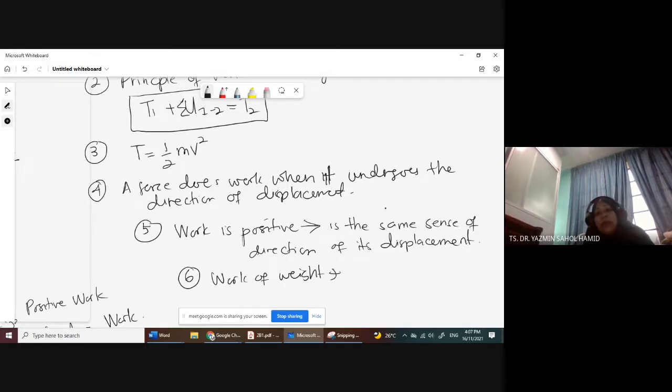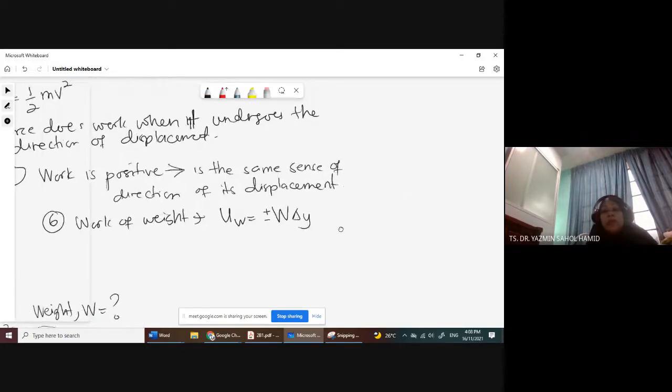This one can be positive or negative. Wait, let me erase a bit, I can't see. The work of a weight can be positive and can be negative, and the answer is W delta Y, like before. So how do you know the work of a weight is positive?